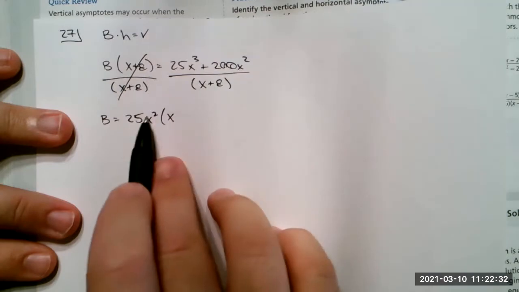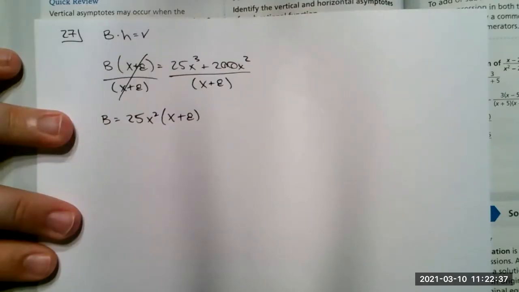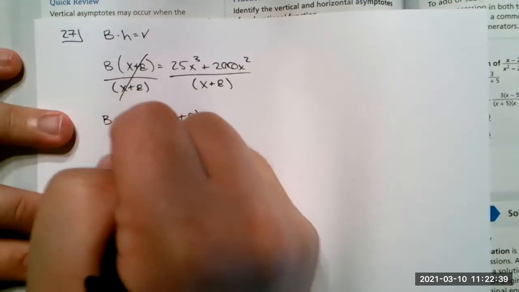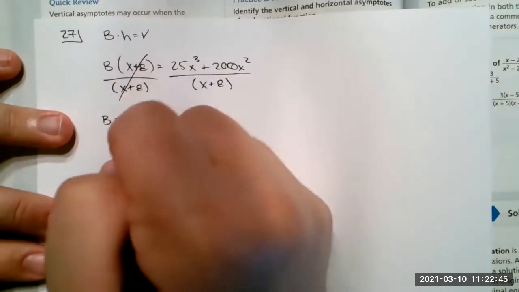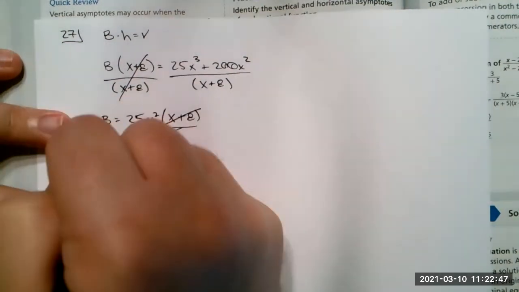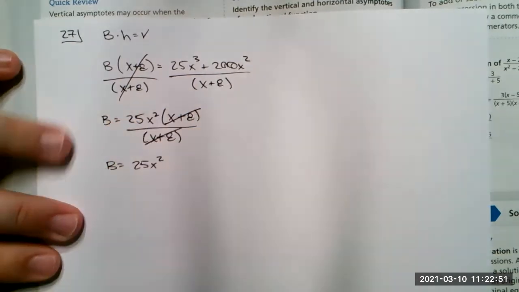If I took out the x squared, all that I'll have left is just the 8, and my denominator is x plus 8. At this point, I've got common factors in the top and bottom, so let me clean this up again. B equals 25x squared.